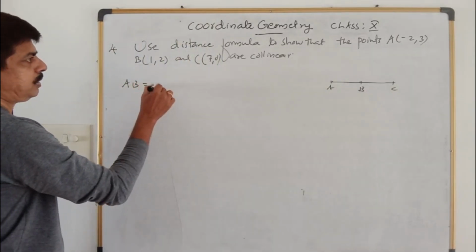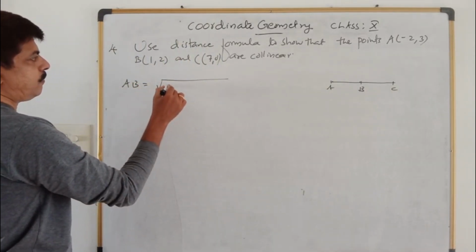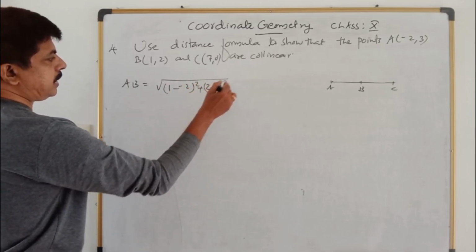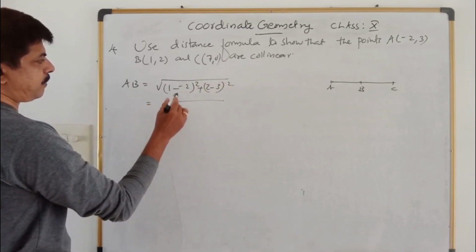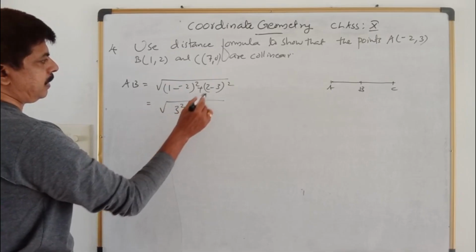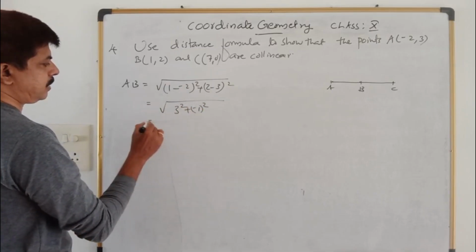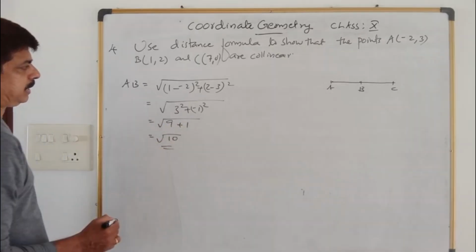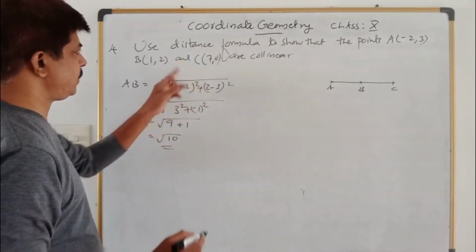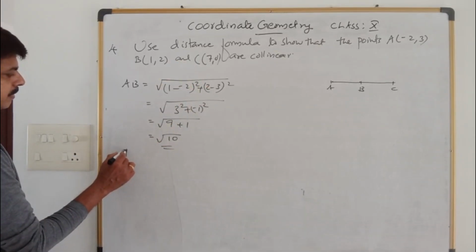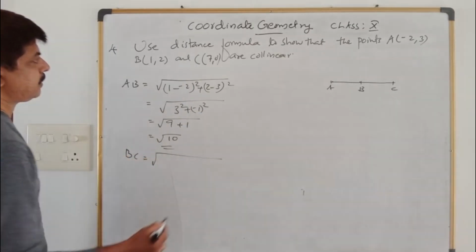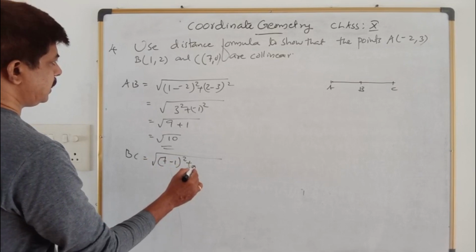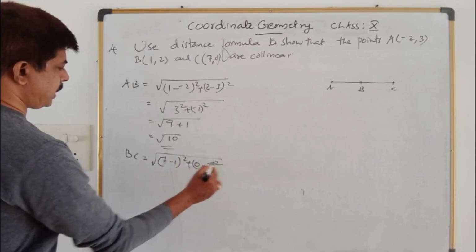AB is equal to what? 1 minus minus 2 whole square, 2 minus 3 whole square. So 1 plus 2, 3. Yeah, negative 1 square. So 9 plus 1, we are getting root 10. Like that we have to find the distance between B and C. Distance BC means 7 minus 1 whole square plus 0 minus 2 whole square.